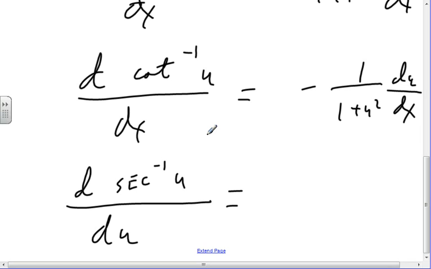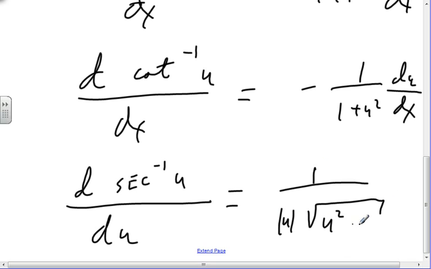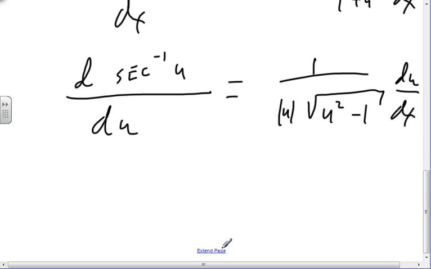So the derivative of the arc secant, and this is where you're going to get into problems, because now I've got to take the absolute value of u. And now that complicates my issue a whole lot, because as soon as it's not the absolute value of u, it's a negative number, then I'm really hosed.